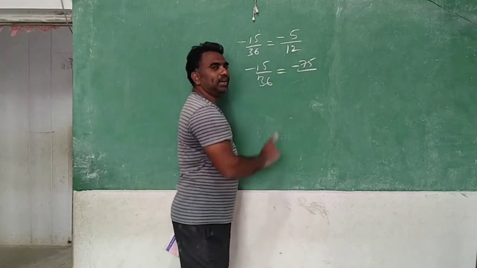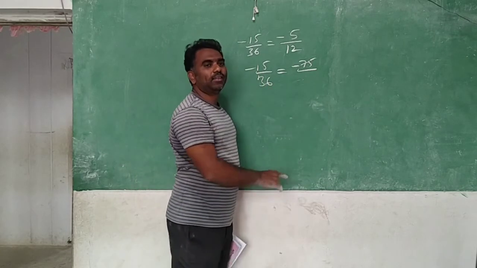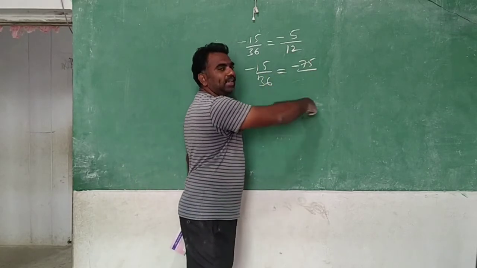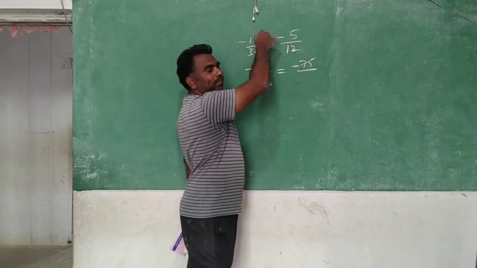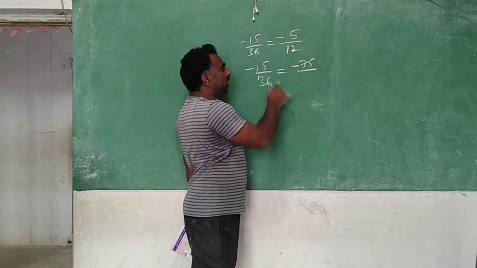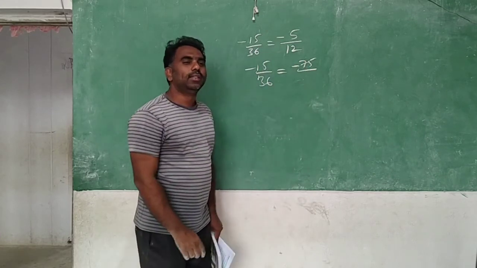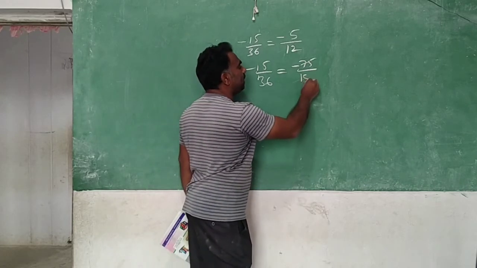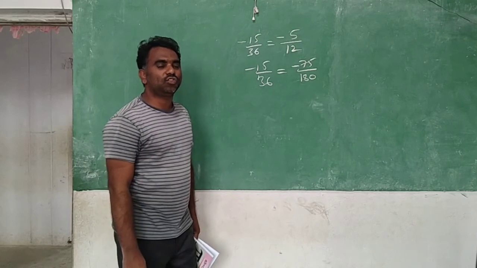Here it is reverse: 12 3s are 36, then how many 3s are 15? Here it is 15 5s are 75, so 36 5s are 180. Do you understand this question?